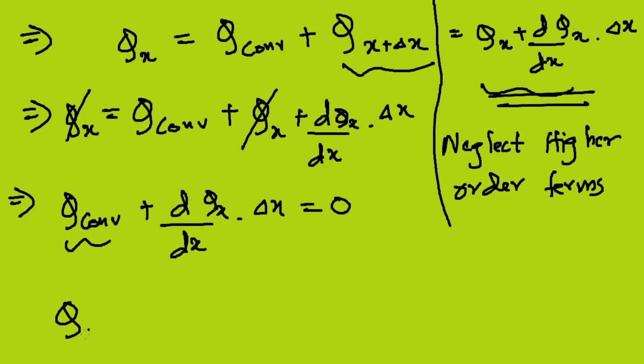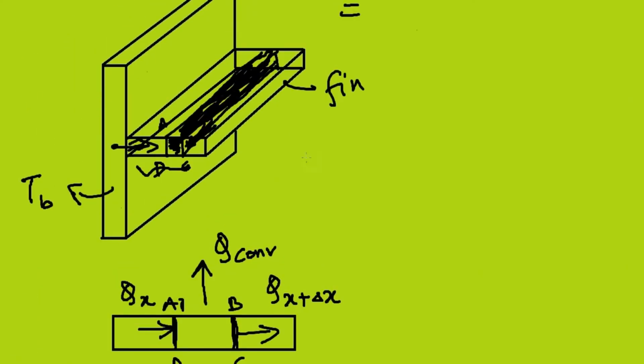We know q convection can be simply written as the heat transfer coefficient, which is h, times area times the temperature difference. Let's clear this diagram a little bit.